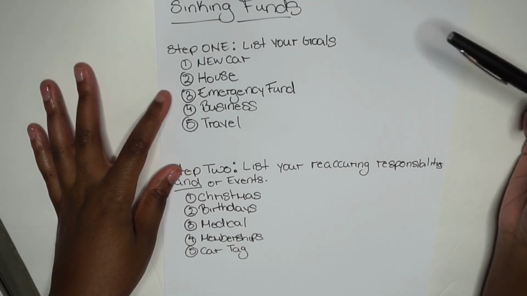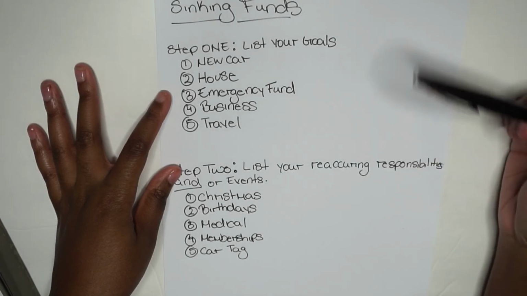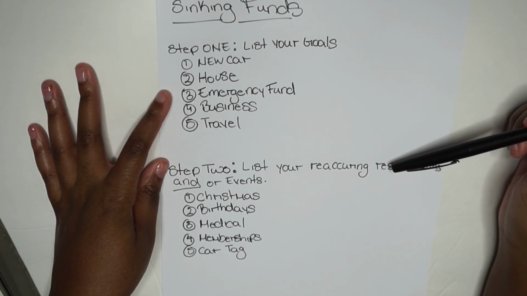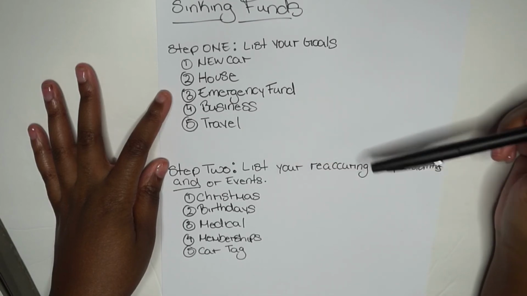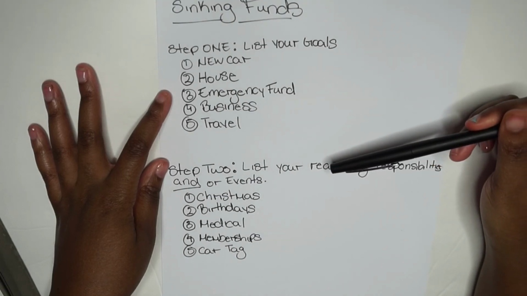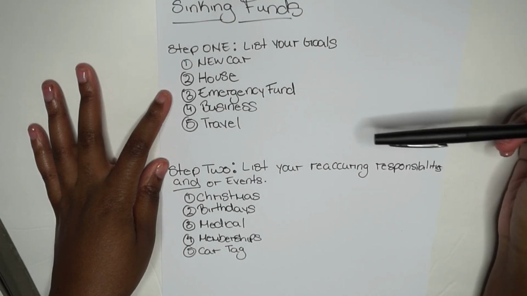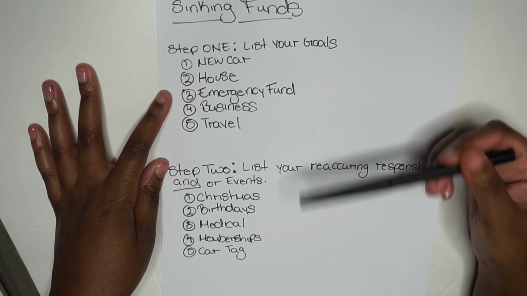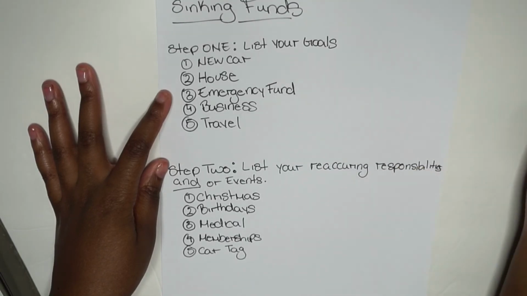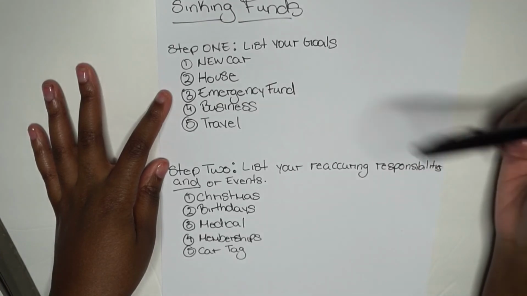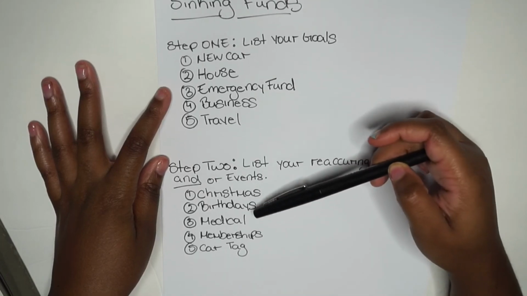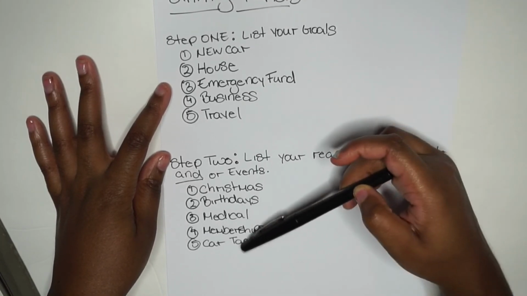So once you are done doing step 1 and step 2, step 1 being list your goals, step 2 being list your reoccurring responsibilities and/or events, you would put it all together in one list, and these would be your sinking funds. So my sinking funds, for the example that we have created, would be new car, house sinking fund, emergency fund, business, travel, Christmas, birthdays, medical, membership, car tags.